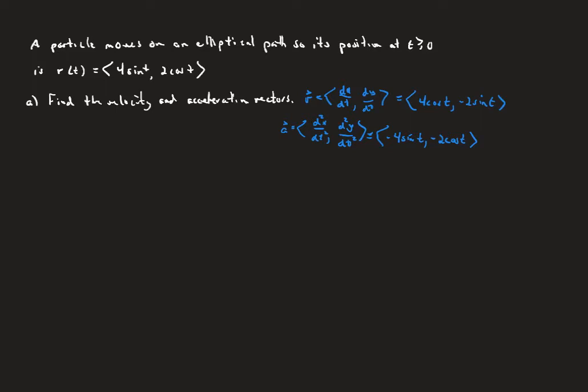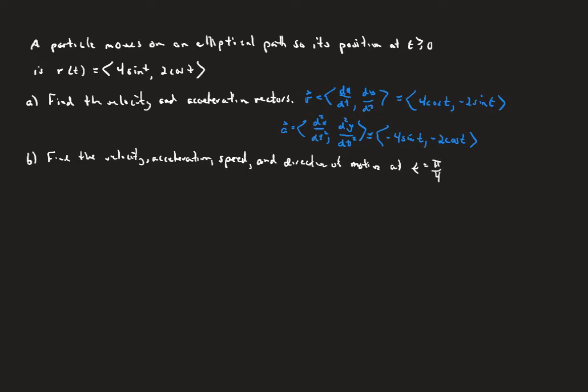And part B, I'm going to ask you to find the velocity, acceleration, speed, and direction of motion at t equals pi over 4.